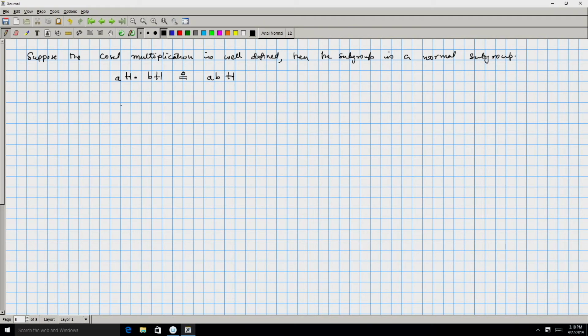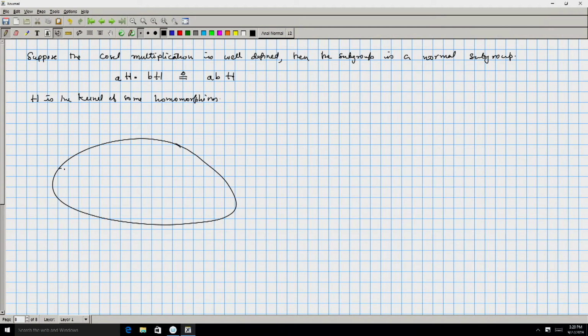The way we would prove this theorem is by showing that H is the kernel of some homomorphism. Okay. So, we will construct a homomorphism for which H is the kernel. It is easy to construct.